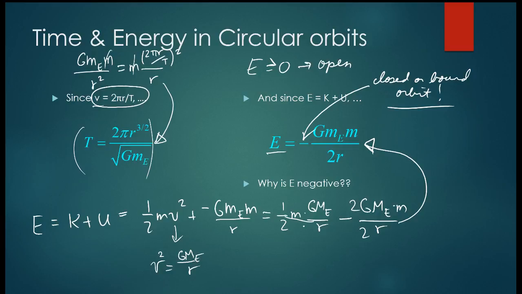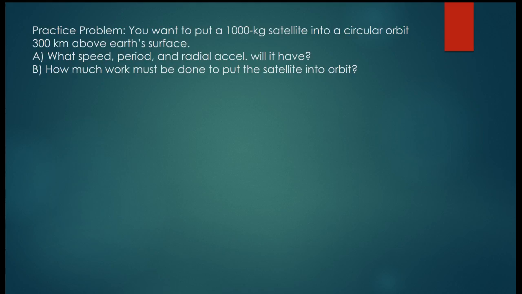Okay, so let's look at one quick example. So we want to put a 1,000 kilogram satellite into a circular orbit 300 kilometers above the Earth's surface. So we want to know what speed, period, and radial acceleration it will have. Okay, so first of all, and I'm not going to plug in all the numbers, I'm just going to show you what we'll use. V orbital will be the square root of G, mass of the Earth, over r.